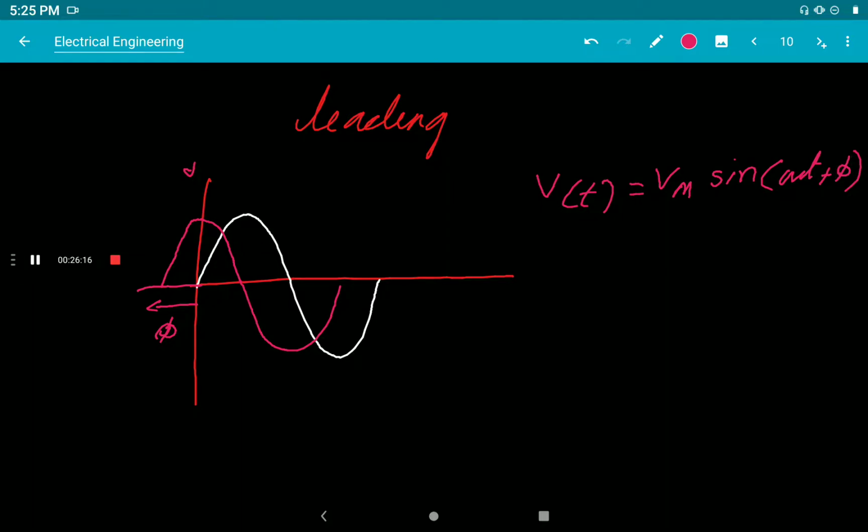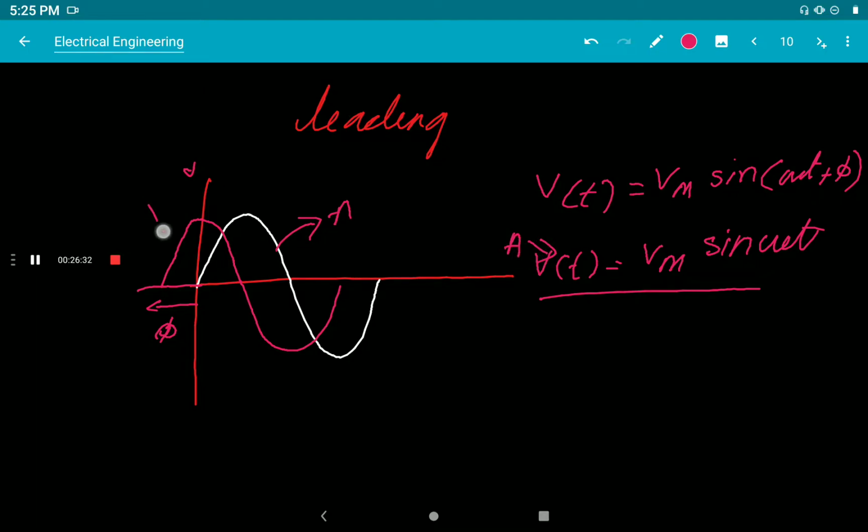The reference wave is V of t is equal to Vm sine omega t, that is this A. For A, this is the equation, and for B, what will be the equation? This wave is a leading waveform, so V of t is equal to Vm sine omega t plus phi.